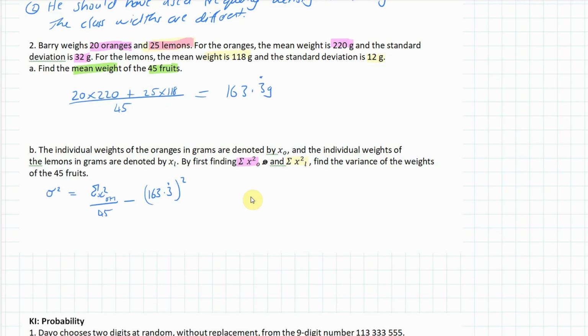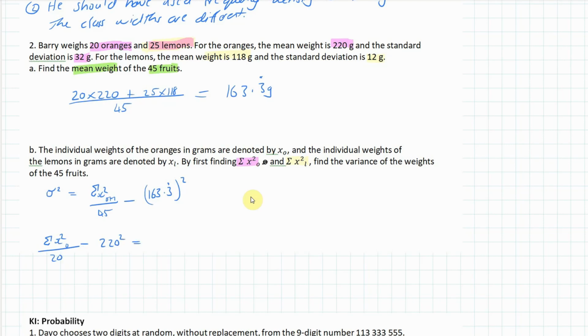So what I'll first of all do is find the sum of x squared O over 20, because that's how many oranges we've got, minus the mean of the oranges squared, which should equal the variance of the oranges.